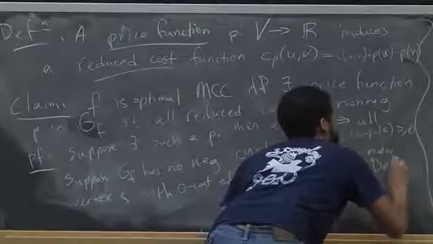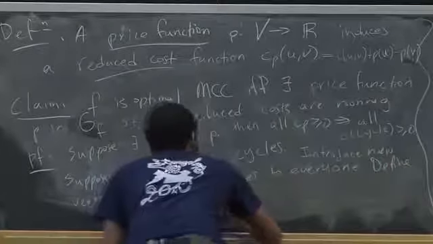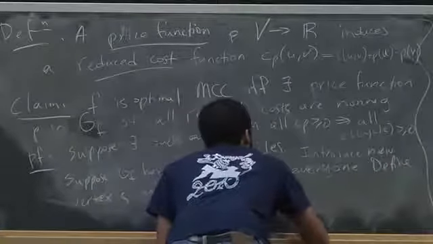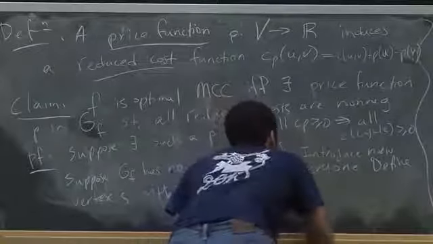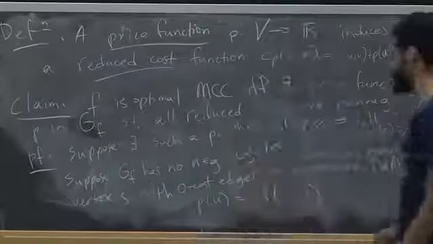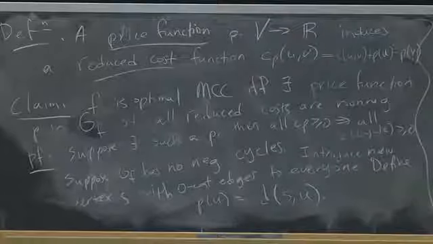Now define the price of U as just being the shortest path distance under the costs from S to U. This is the shortest path length from S to U.